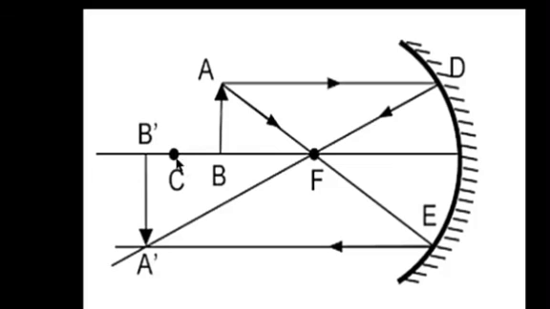Now if we place the object between C and F, that is center of curvature and principal focus, we will get the image beyond C. That image is an inverted image, and it will be high in height. That is, the size of the image will be more than that of the object.